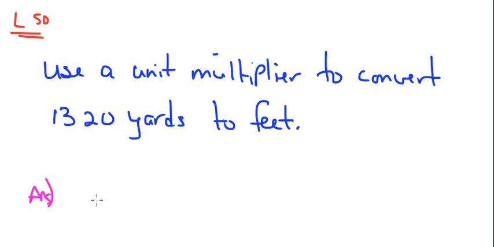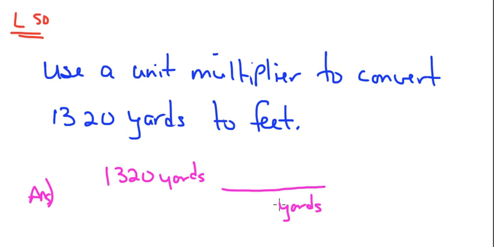Thank you, Julia. Okay, the answer is 3,960 feet, like Amanda so beautifully stated. And if Amanda was to explain this to me, she would probably say, well, Dr. Kroftik, I started with 1,320 yards. And I know that there's a relationship. I know that I put yards down here because I have to cancel my yards out. And there's a relationship, a unit multiplier between yards and feet. And I know that 1 yard has 3 feet in it.